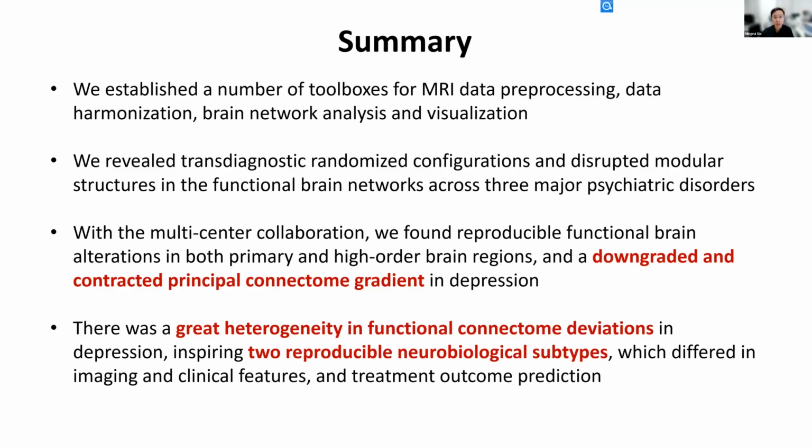With multi-center collaborations, we found reproducible functional brain alterations in both primary and high-order brain regions, and a downgraded and contracted principal connectome gradient in depression. There was great heterogeneity in functional connectome deviations in depression, inspiring two reproducible neurobiological subtypes, which differed in imaging and clinical features and treatment outcome prediction.